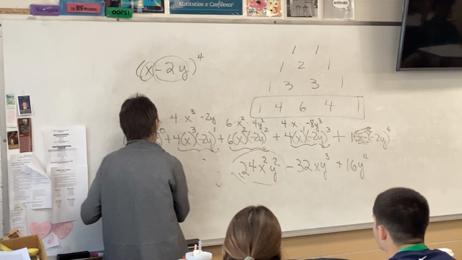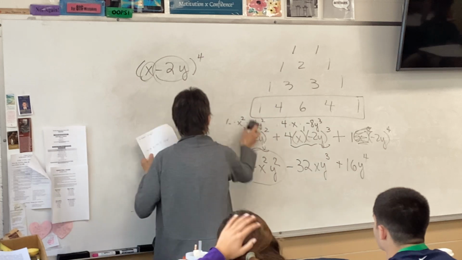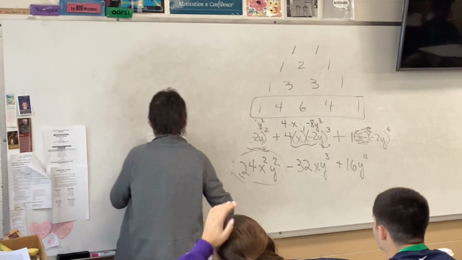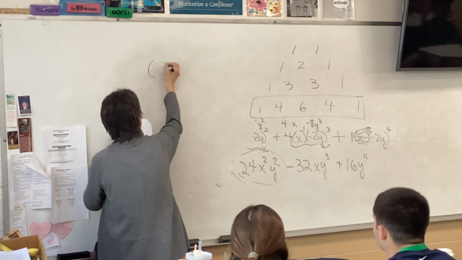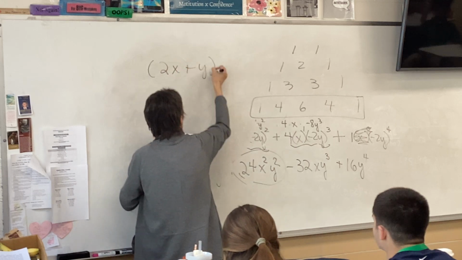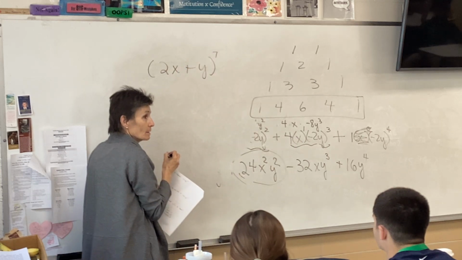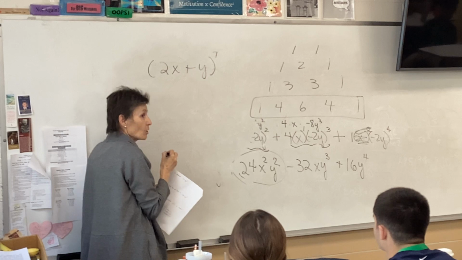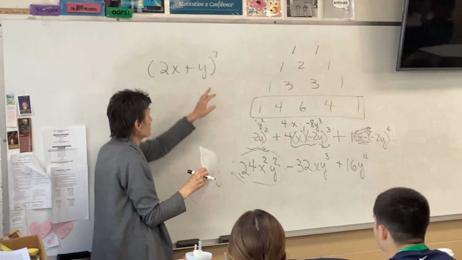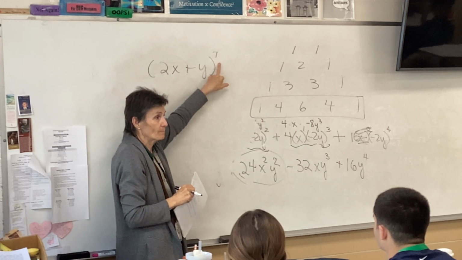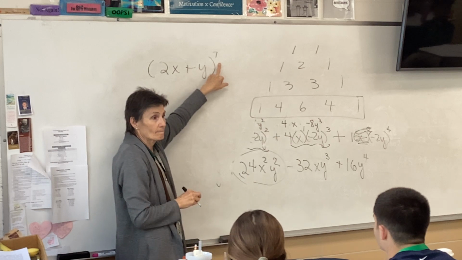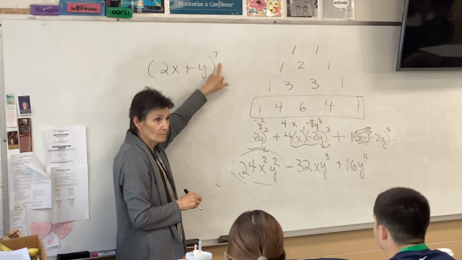So, when I look at the next problem, and it says, find the third term of this expansion, it needs a coefficient. And where is the coefficient going to come from? 7th row of the triangle.